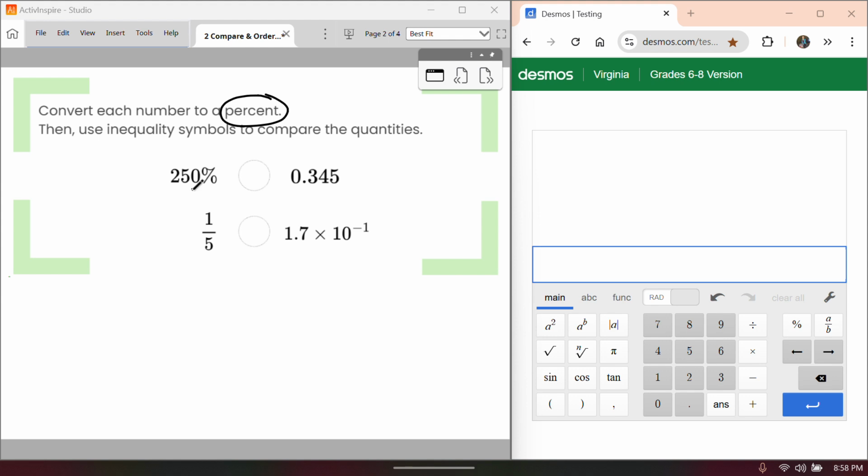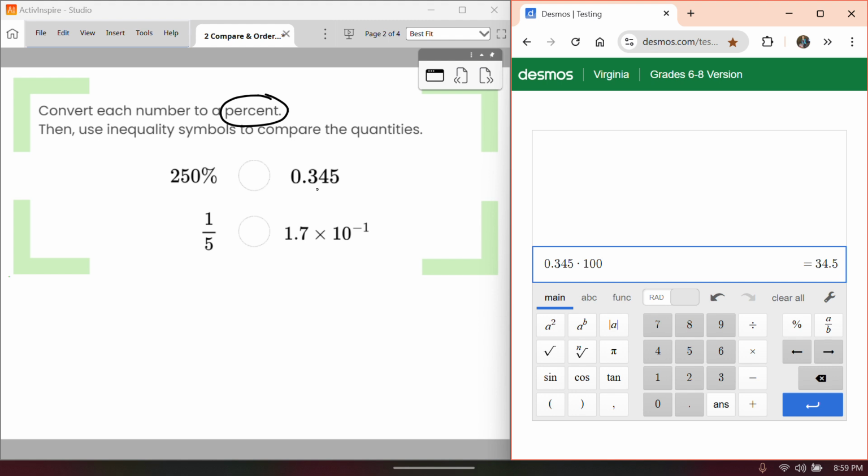So I'm just going to go through each one and see what we've got. In the first one, I have 250%. That's already a percent, and since in the Benson-Voss method we're changing to percents, I'm not going to do anything to that one. But I'm going to go over here to the next number, 0.345, or 345 thousandths, and I'm going to have to change that to a percent. And the easiest way to do that is to type in your number in Desmos and multiply it by 100.